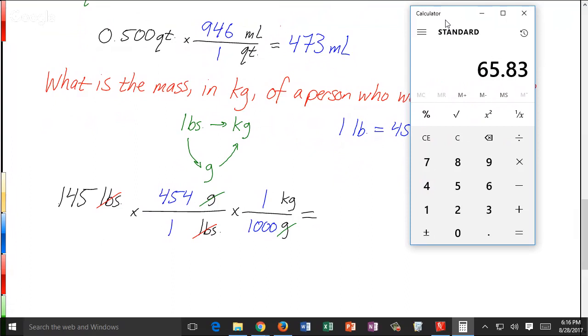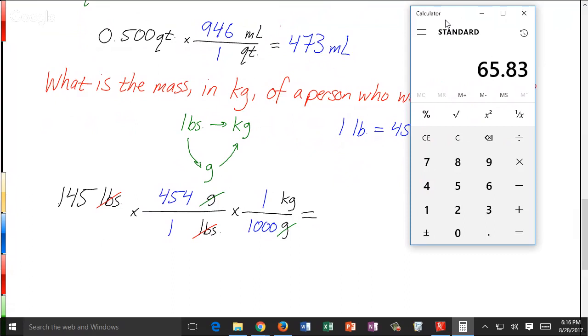We skipped that section on how to round off. So for this particular class, we're not going to have careful rules about how you round off. So it's kind of up to you. A good rule of thumb is to take about as many significant figures as are in the other numbers in the problem. So we've got a 145 in the problem, so let's take 3 and call it 65.8. If you called it 65.84 or 65.83, I wouldn't mark you wrong.